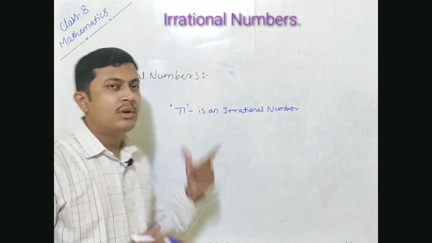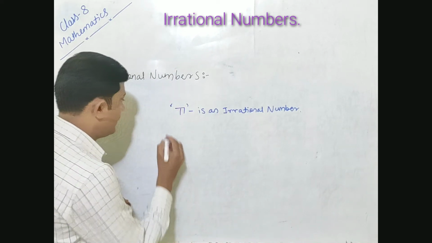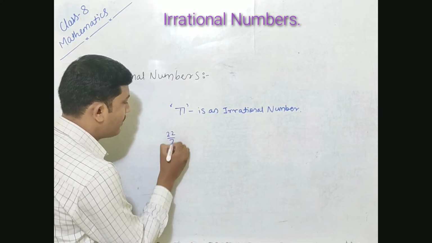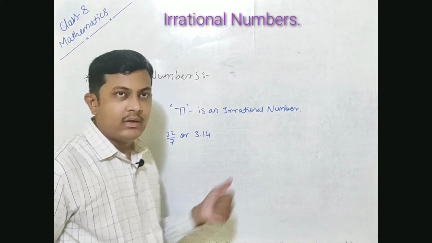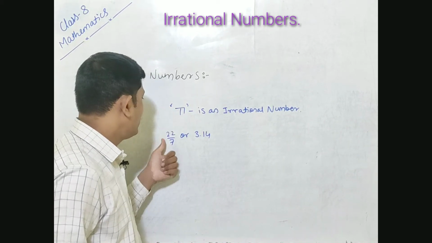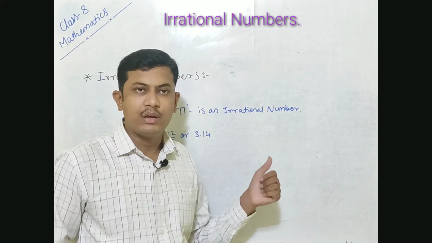So for the calculation we used to take the value of pi as 22 upon 7 or 3.14, because the value of pi is near about 22 upon 7 or 3.14.